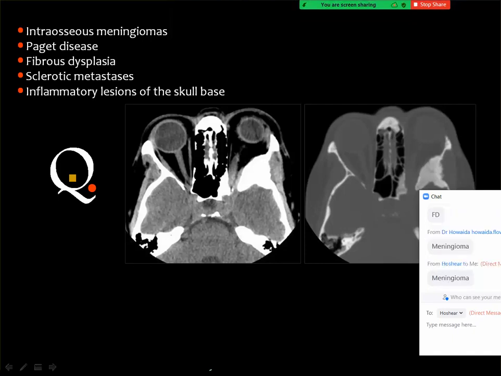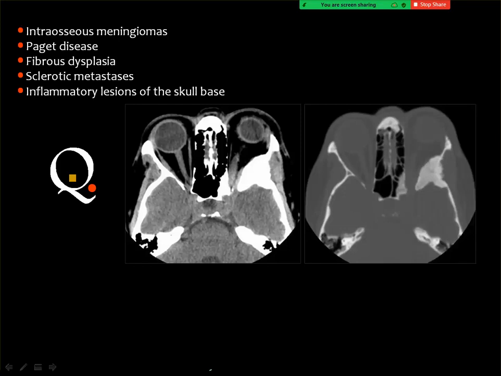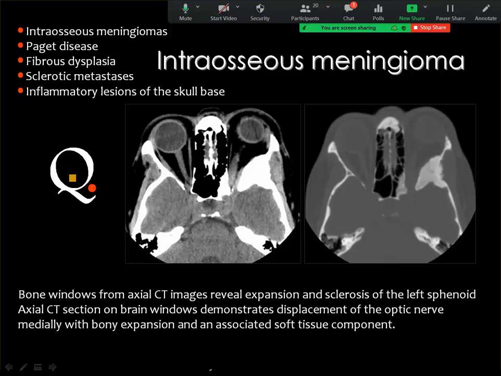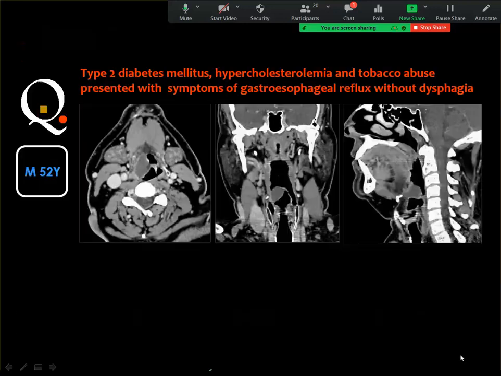This is meningioma actually, and meningioma en plaque, which affects the greater wing of the sphenoid and lateral orbital wall. You remember that fibrous dysplasia affects the orbital floor or orbital roof in particular, and the fibrous dysplasia is present usually in the pediatric age group. But this is a meningioma en plaque, classic appearance and classic location, or you may call it intraosseous meningioma.